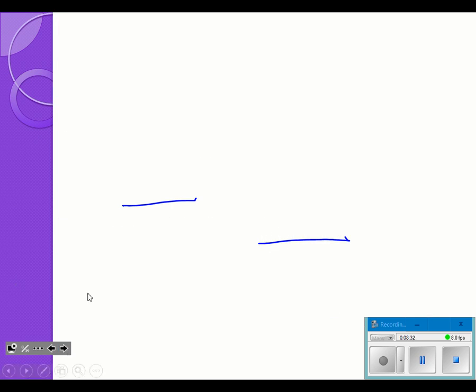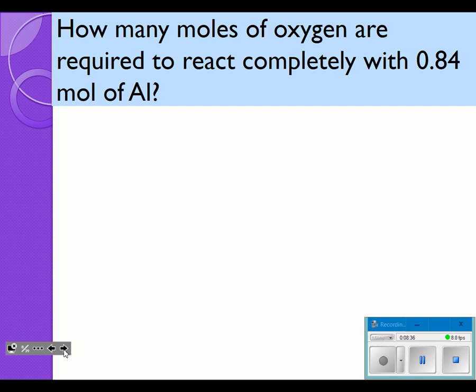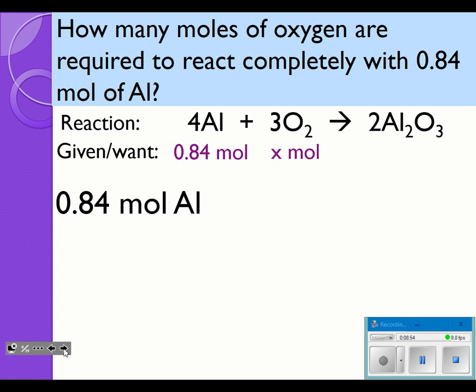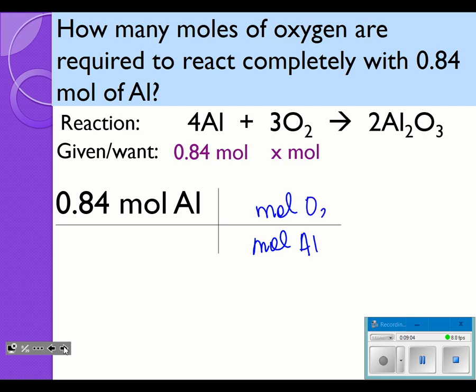All right, my next one. How many moles of oxygen are required to react completely with 0.84 moles of aluminum? It's the same reaction. It's balanced. I'm being given my moles of aluminum, and I'm wanting to find moles of oxygen. So I start with what I'm given. Then my mole-to-mole ratio, I'm going to put moles of aluminum here on the bottom, and I want moles of oxygen on the top.